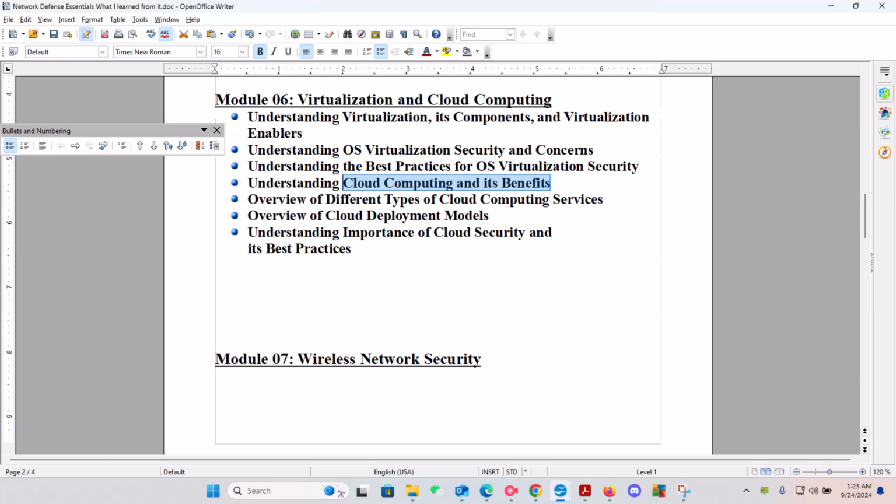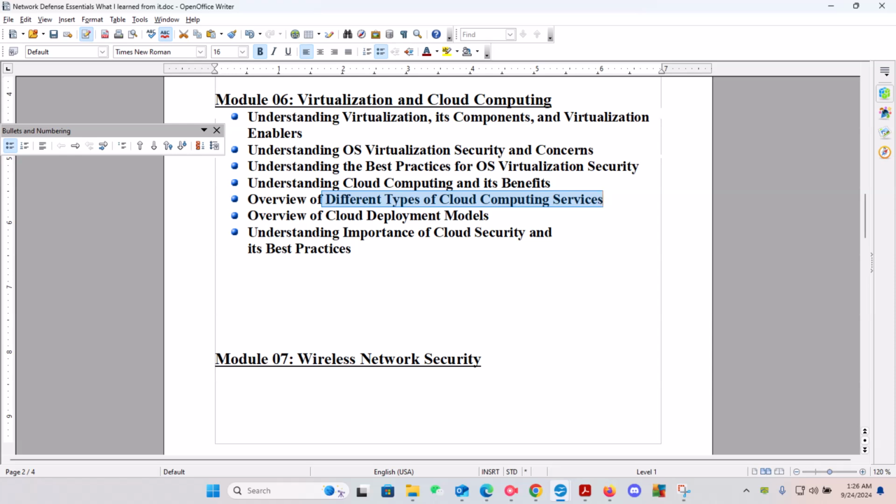I read an overview of different types of cloud computing services. Basically, what are the different types of cloud computing services? You have platform as a service, you have software as a service, and then you have other ones.